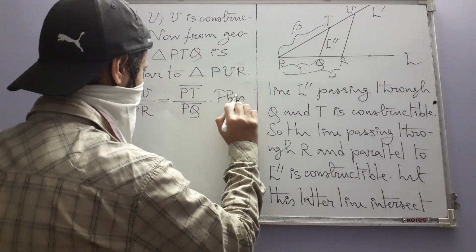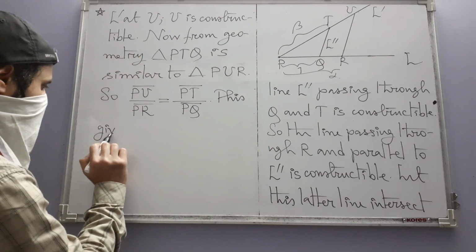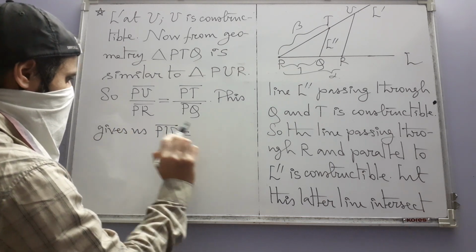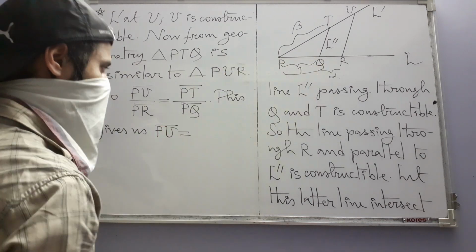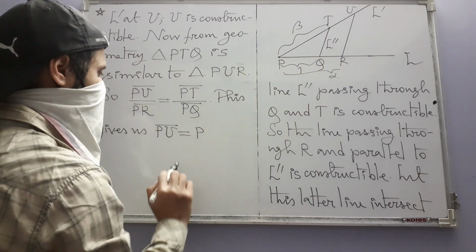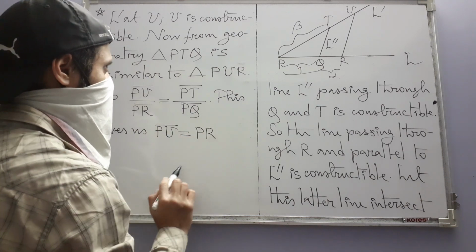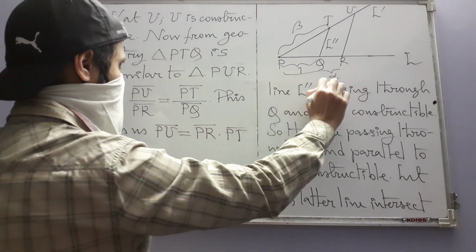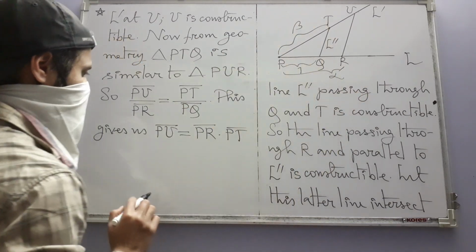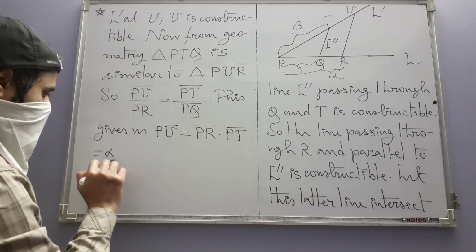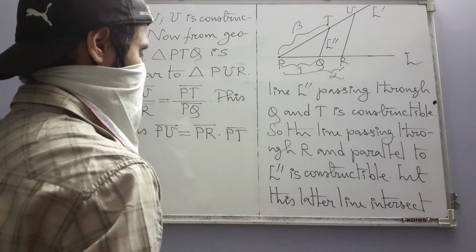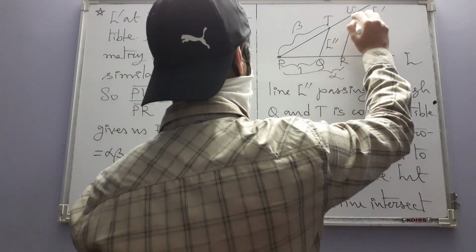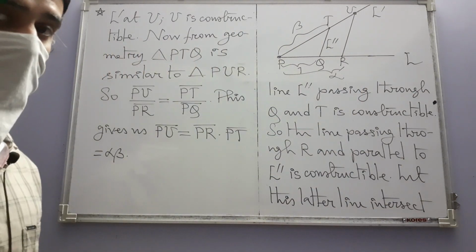This gives us PU equal to, note that PQ is 1, PR times PT. PR is alpha and PT is beta. So the distance between this constructible point and this constructible point U is alpha beta.